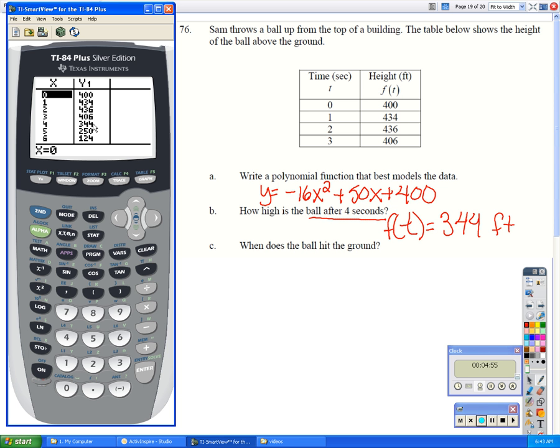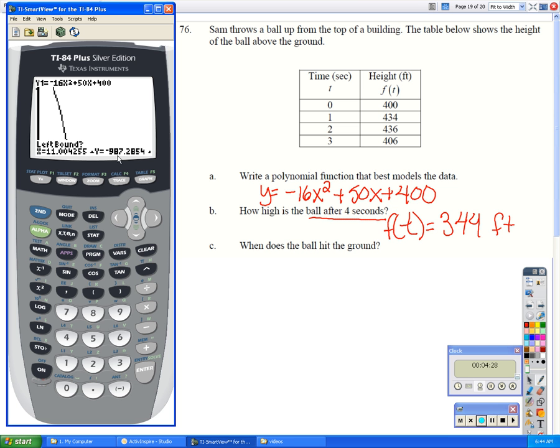When does the ball hit the ground? That is a 0. So I'm just going to modify my window one more time so I can see that better. So the ball hits the ground right here. So I'm going to calculate that with a 0. I have to move to the left of it.